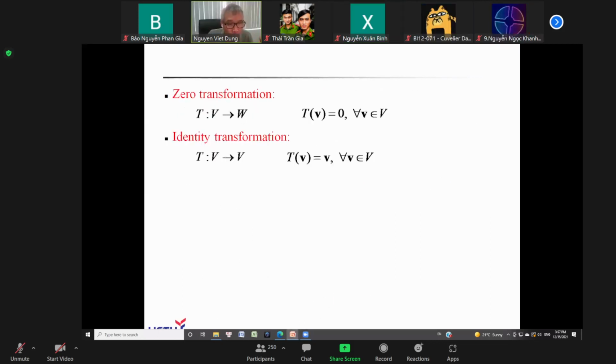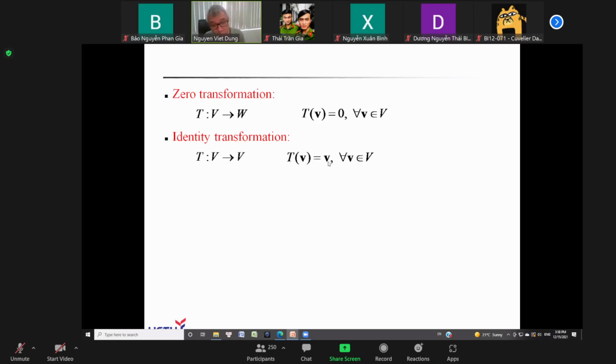The next one will be the identity transformation. Yes, please, somebody wants to ask something? Okay, the next one will be the identity transformation. That is a mapping T from V into V itself, sending any vector v to itself.